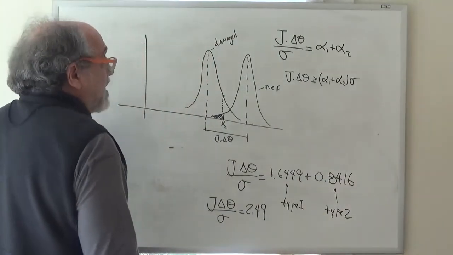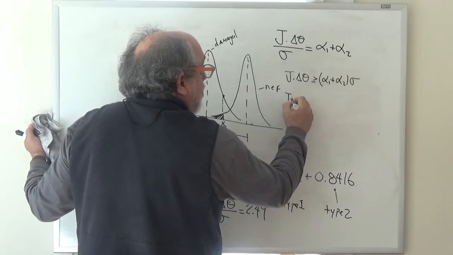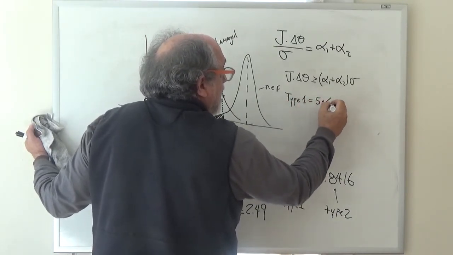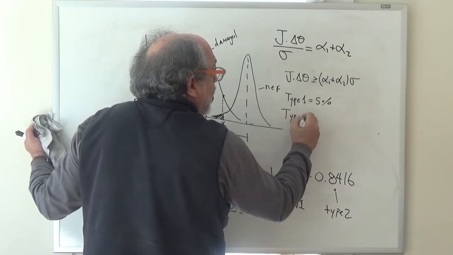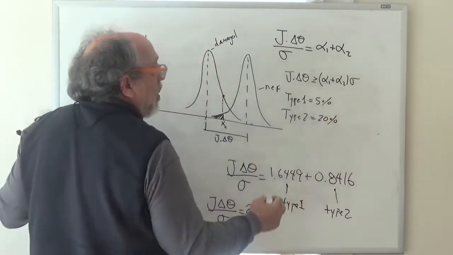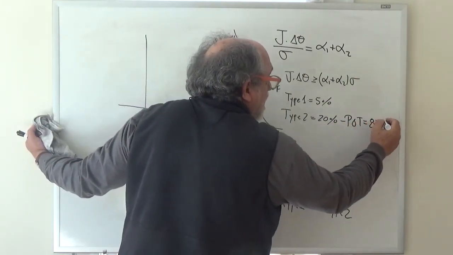And for the case where we have type 1 5% and type 2, what did I say, 20%, right? So the power of the test is 80%.